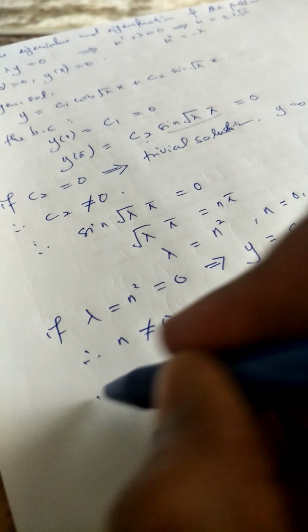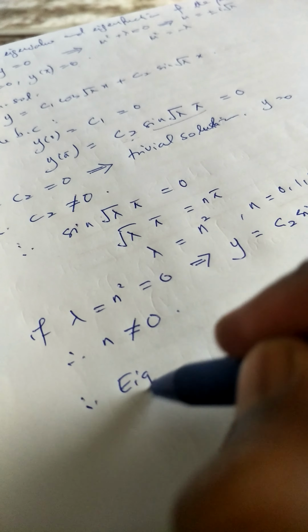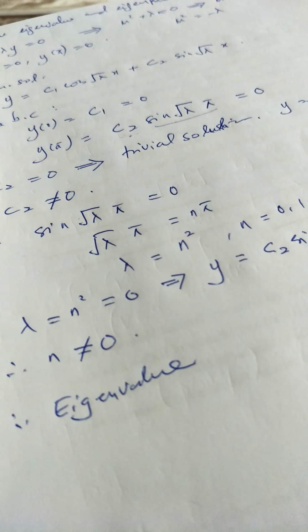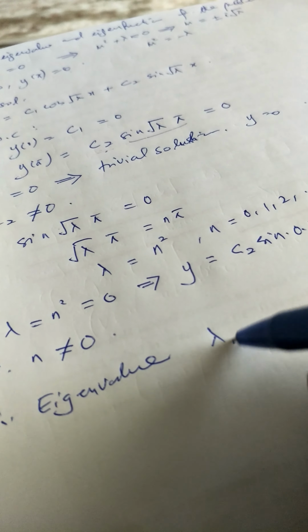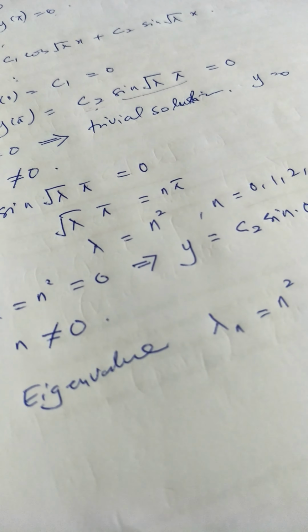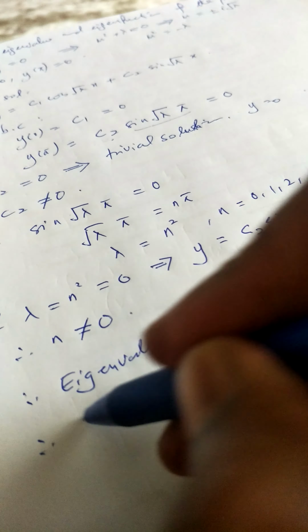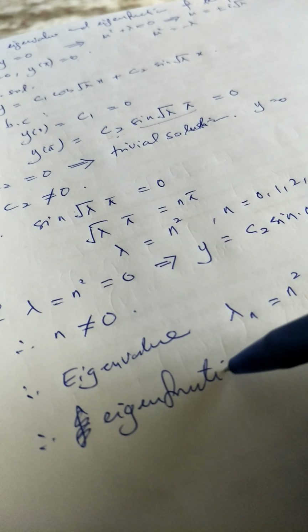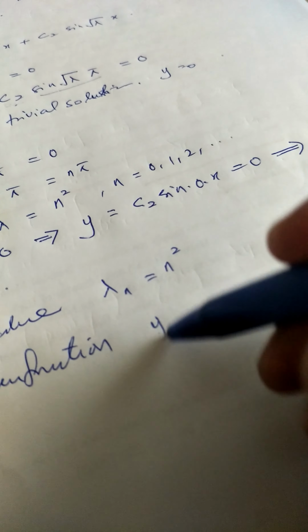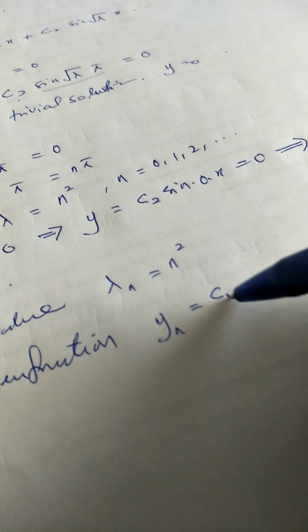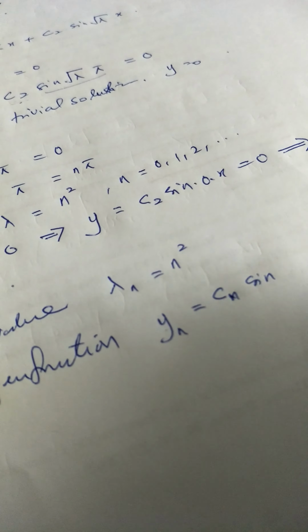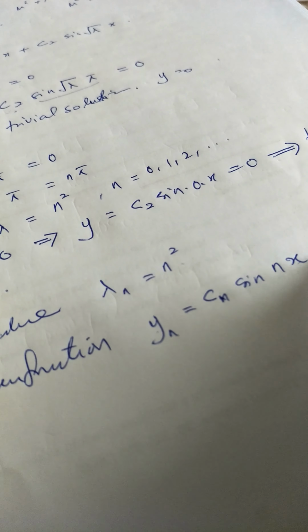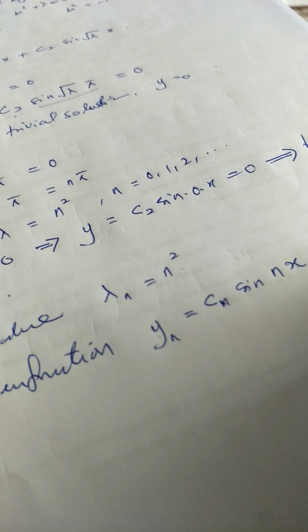Okay, so therefore we can find the eigenvalues that give the non-trivial solution to our system, which is lambda n equal to n squared, and therefore our eigenfunction can be written as y_n equal to c_n sin(√λ x), which is sin(n x), for n equal to 1, 2, and so on.